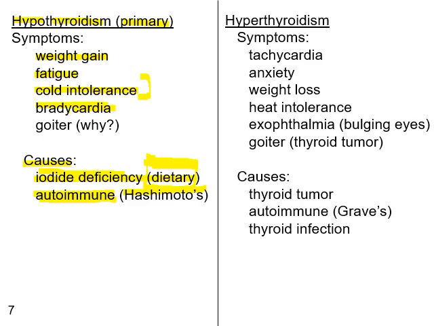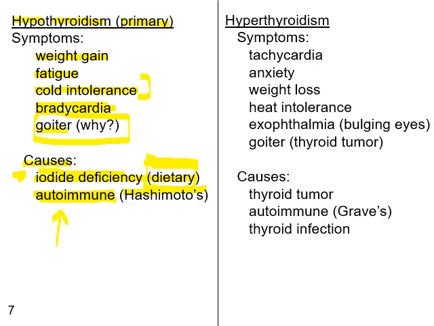And now here is a problem that I want you to think about, and I'll pause the slide after I talk about hyperthyroidism. Goiter is a visible symptom of primary hypothyroidism, especially caused by iodide deficiency. It's not autoimmune destruction of the thyroid.